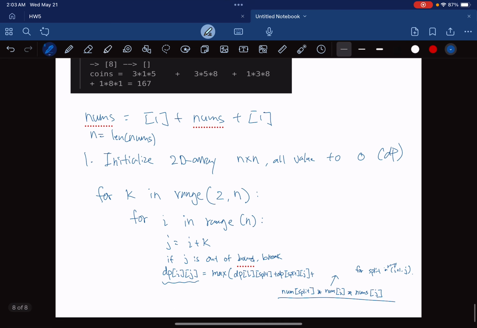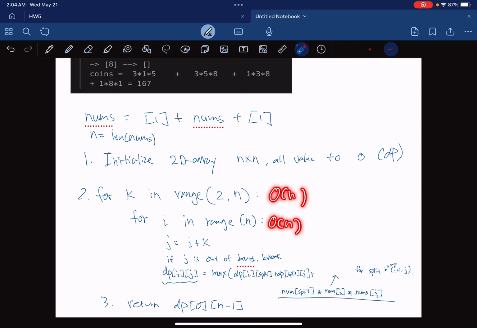Because of that, we can just return dp of 0 to n minus 1. And for the time complexity, instead of the O of 2 to the n solution we talked about earlier, this part is O of n, this part is O of n.